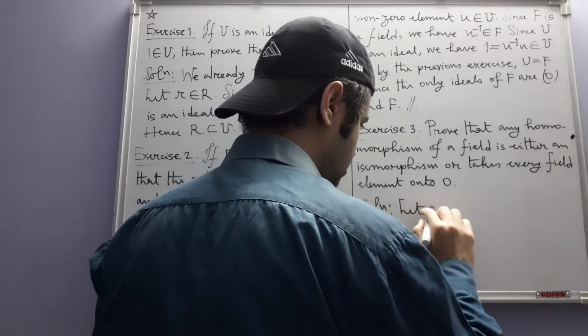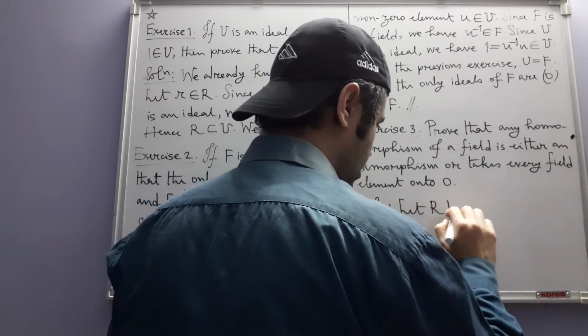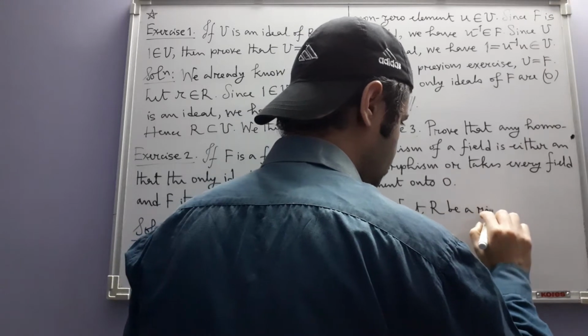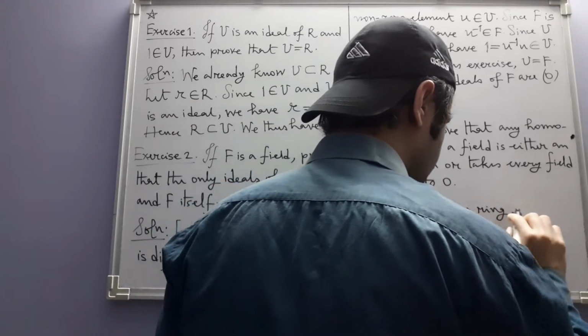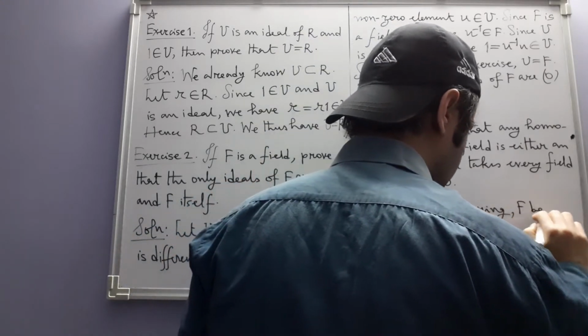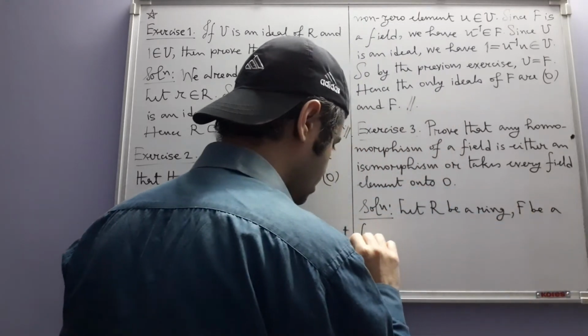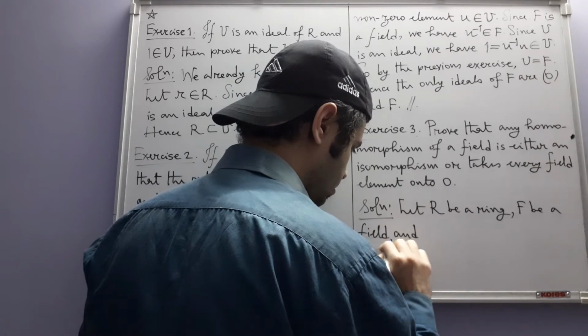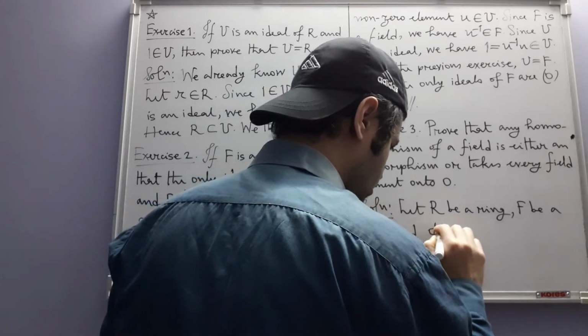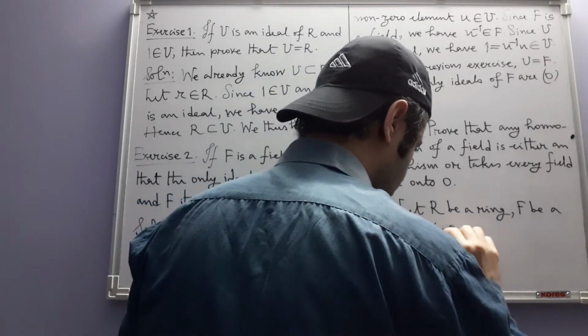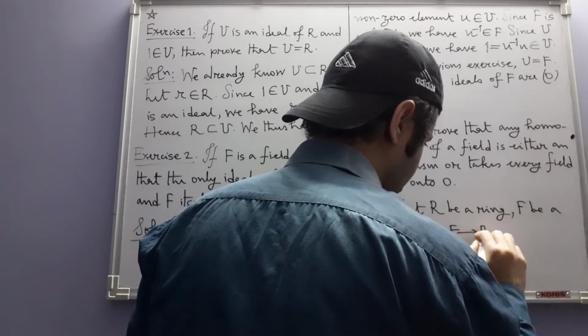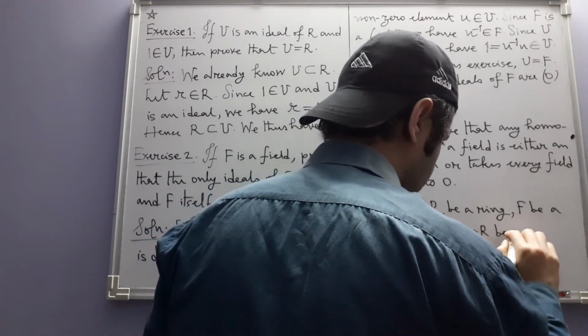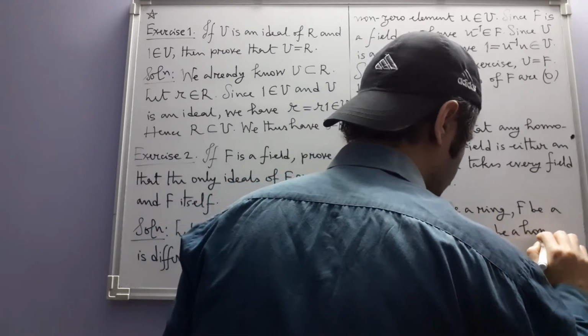Let R be a ring, F be a field, and phi from F into R be a homomorphism.